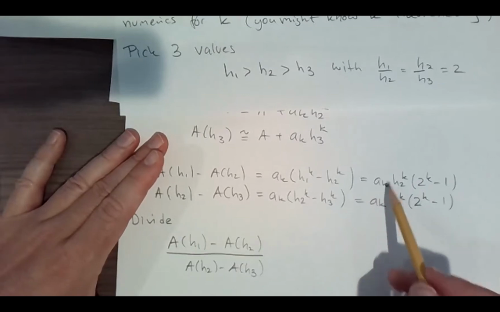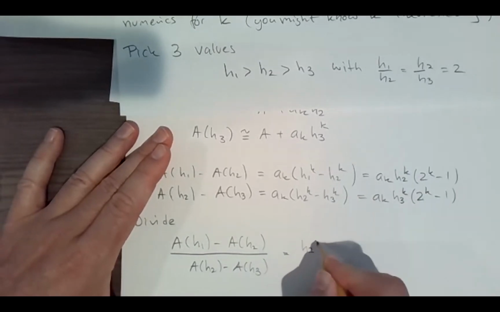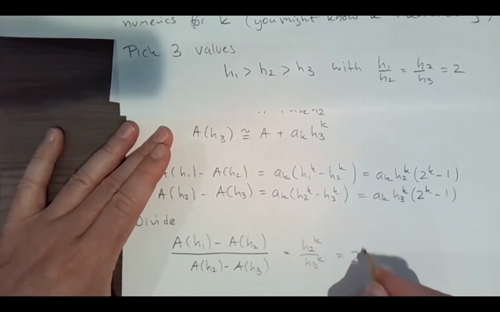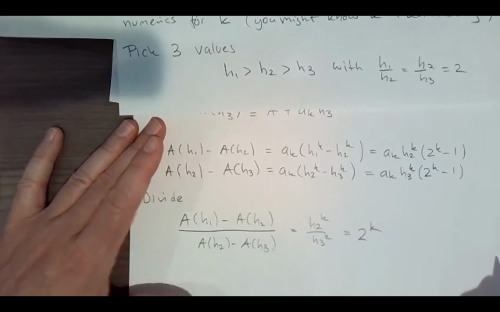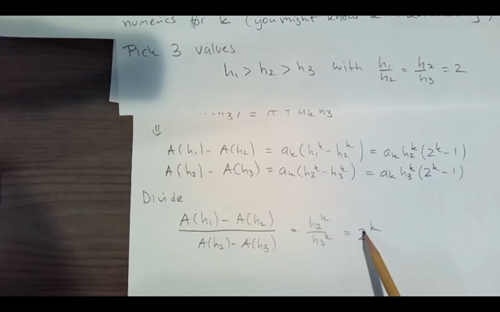The AKs in particular, they cancel out. And I'll get here H2 to the power K divided by H3 to the power K. This will be exactly 2 to the K. So this ratio, if I have a K ordered method, this should be roughly equal to 2 to the power K.